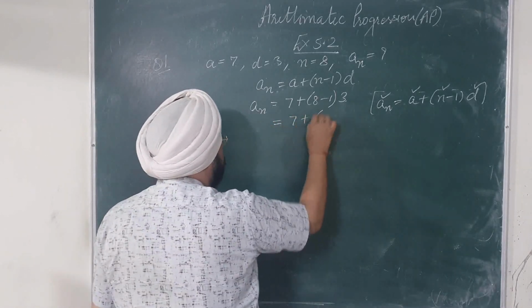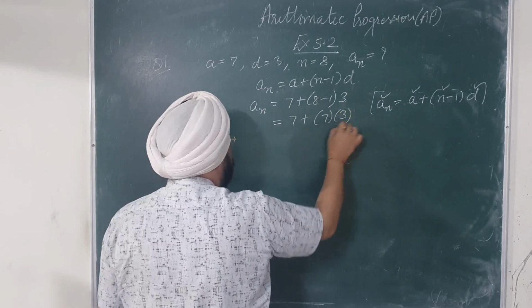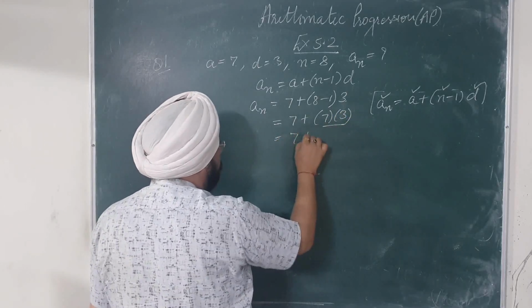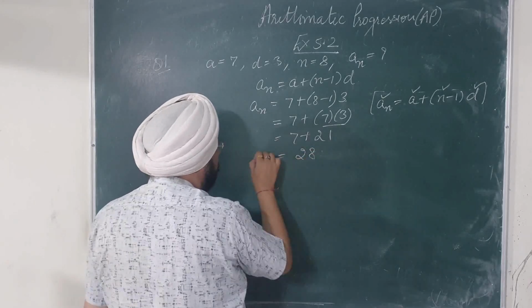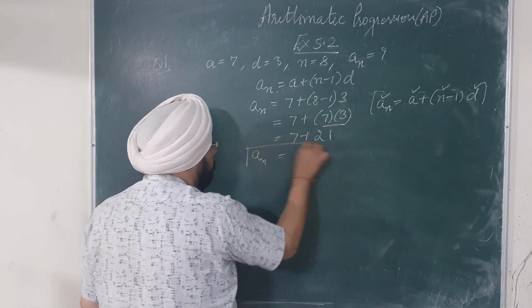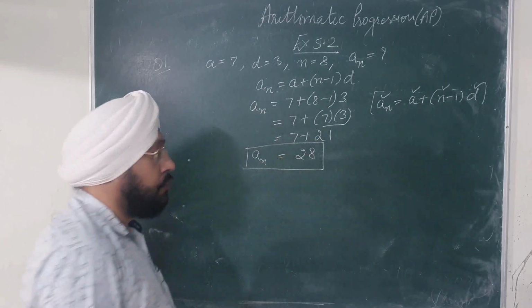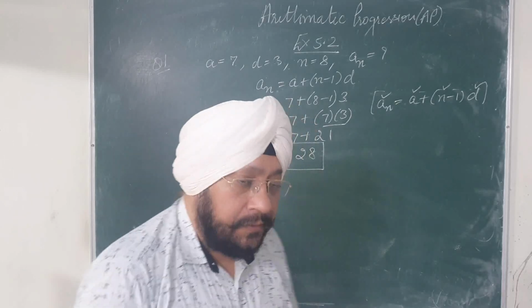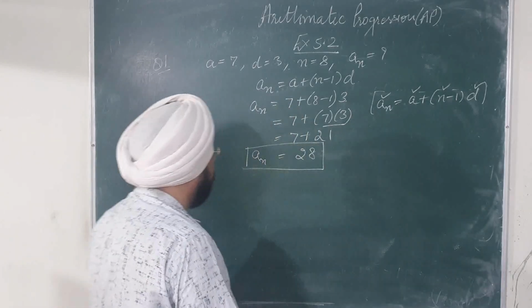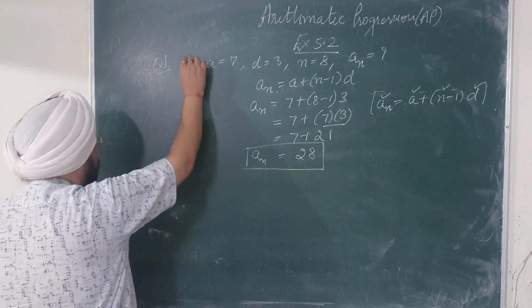So this is 7 into 3. So multiply these two first of all, and then add 7. So we get an equal to 28. Clear? So let's try one more example, then we will come to the next one.